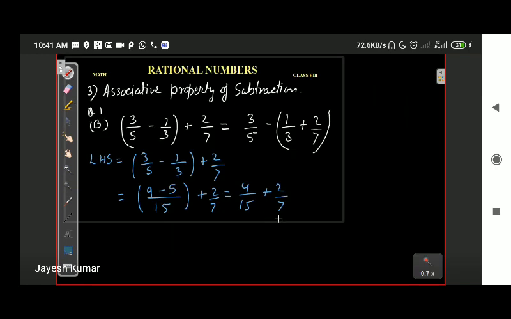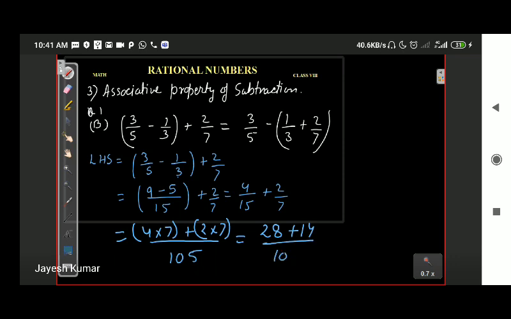After this, we will have LCM of 15 and 7. LCM of 15 and 7 is going to be 105. Numerators will be like 4 into 7 plus 2 into 7. So this will be 28 plus 14 upon 105. Your final answer is going to be 42 upon 105.